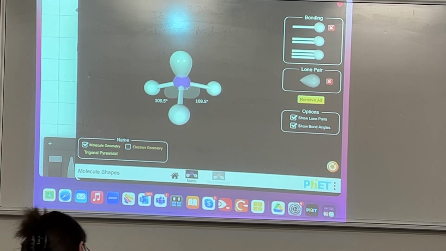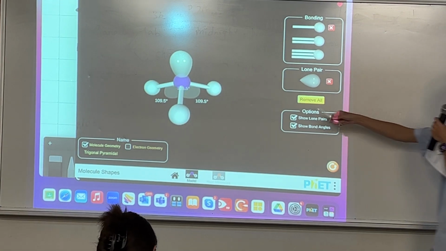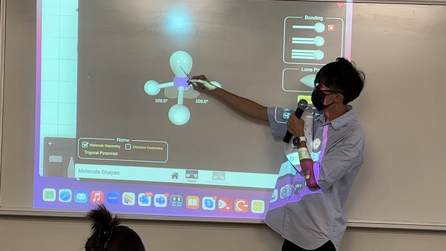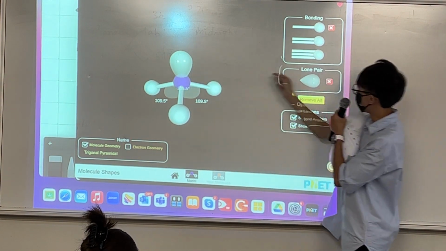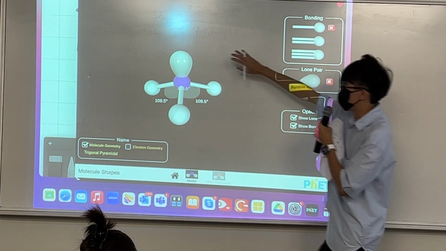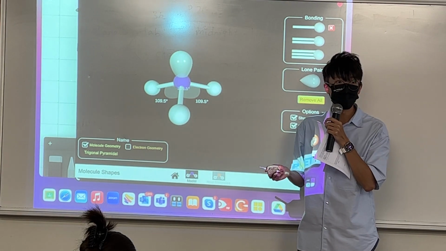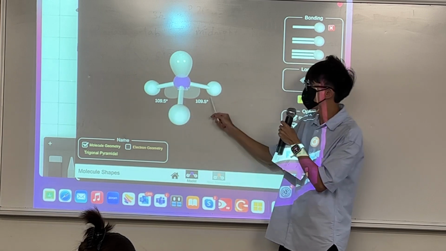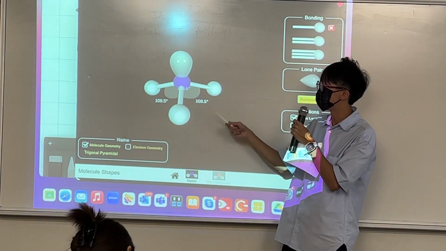Take a look at the simulation, please. These are bonding domains. This thing that looks like a ghost is a lone pair. It is a non-bonding domain. When we consider the shape of the molecule, we will ignore the non-bonding domain because it is invisible. We can only see all the atoms that are bonded together by a bond.